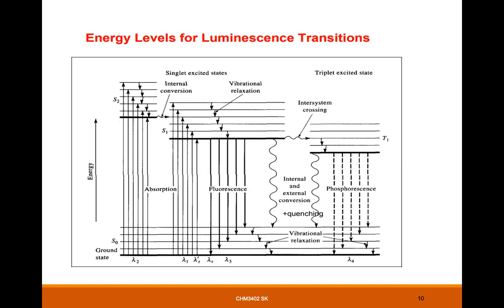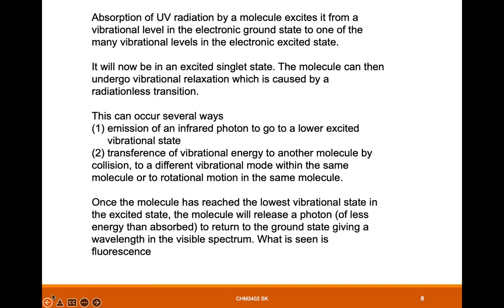So let's say the electron goes from S0 to S2. Due to some reason, as in the explanation just now, absorption of UV by the molecule excites it from the ground state to the electronic excited state.